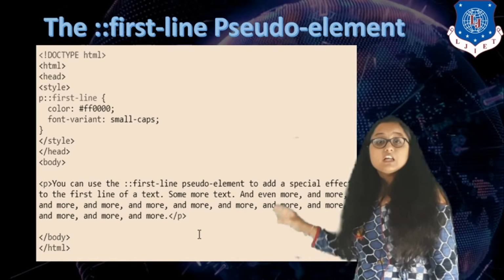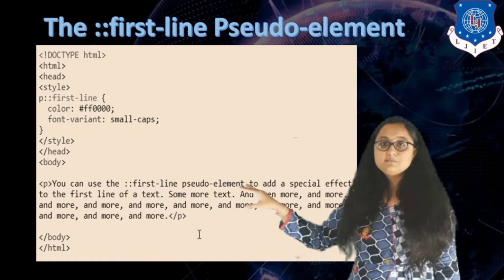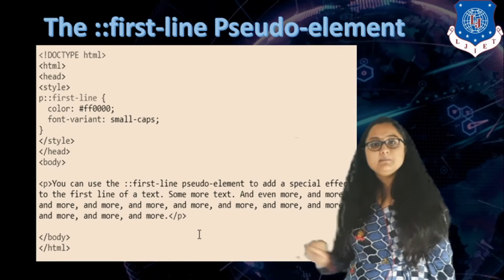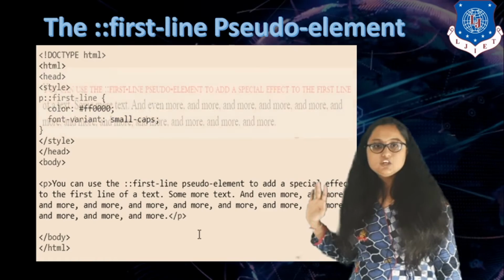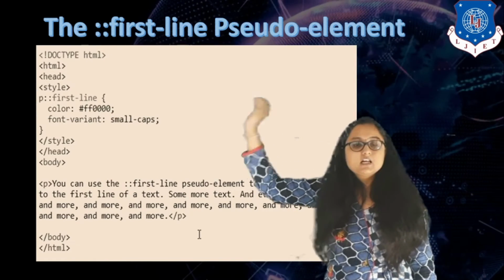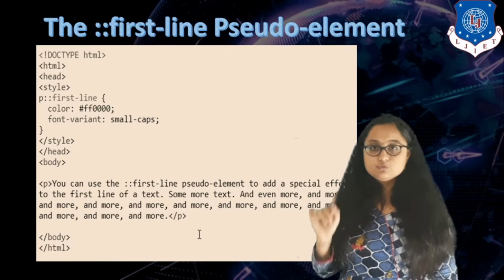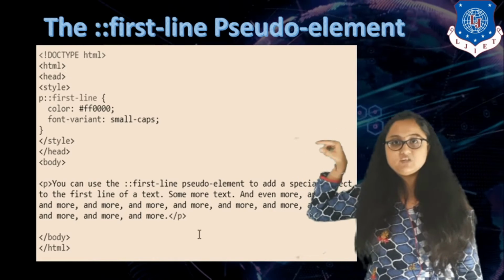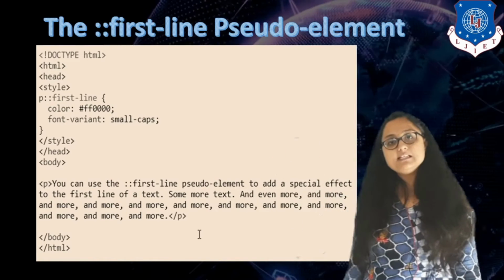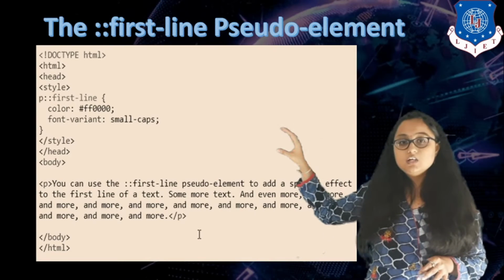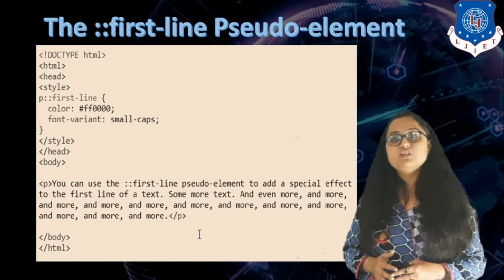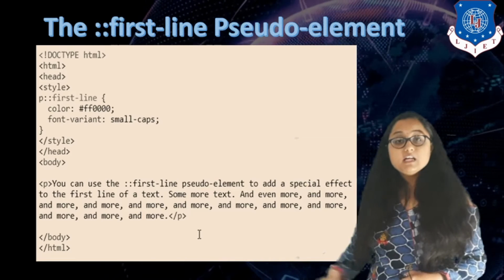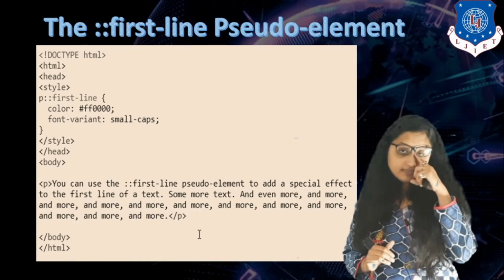If I want to change the effect of my first line, I can use the pseudo element first-line. Here I have used the selector P, then the operator double colon, and then the pseudo element name first-line. For properties, I have set the color to red, FF0000, and changed the font variant to small caps.